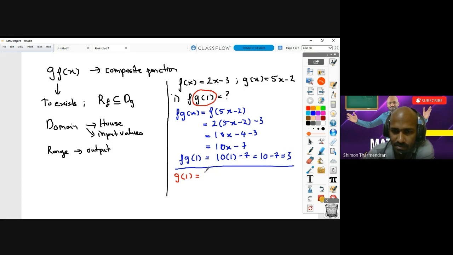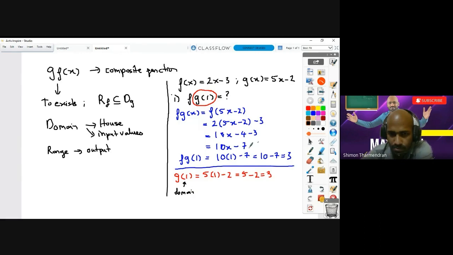So g of 1 equals to 5 times 1 minus 2. So this is 5 minus 2. Now follow carefully because the explanation is directly from an example like this. Okay, now I just told you all input is my domain. So this is domain.